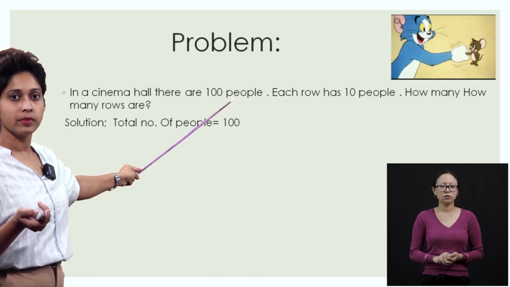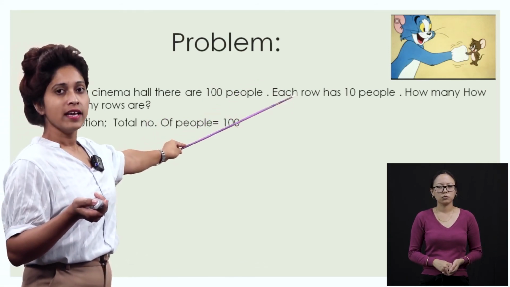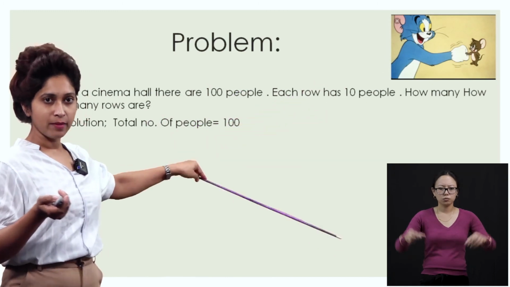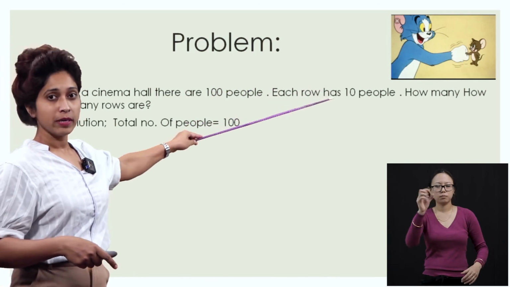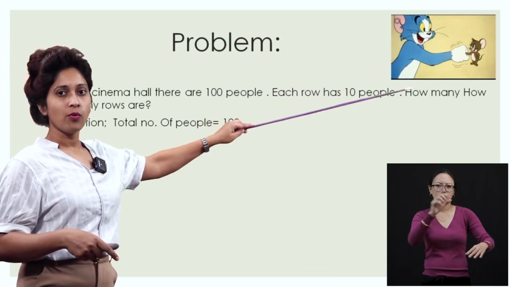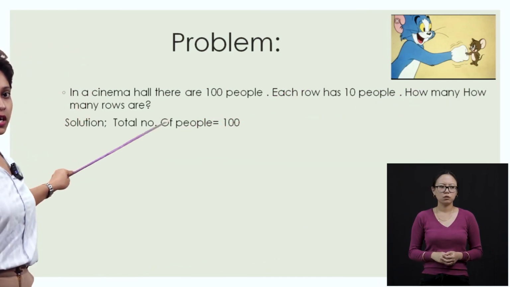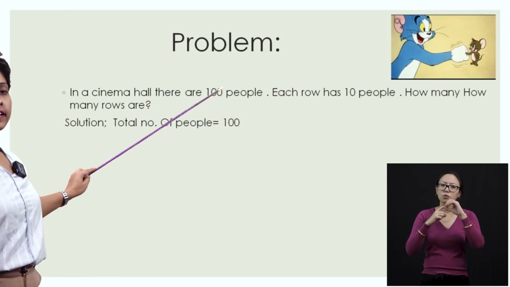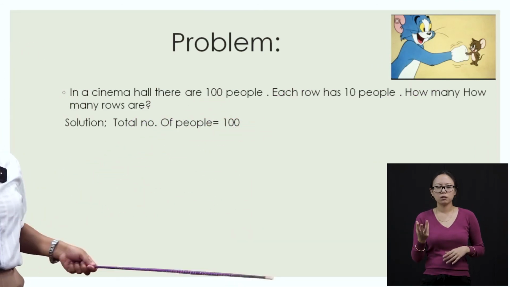The total number of people is 100. Each row has 10 people. So in a row, there are 10 people. Now what you have to find out is how many rows are there. You need to find the total number of rows.